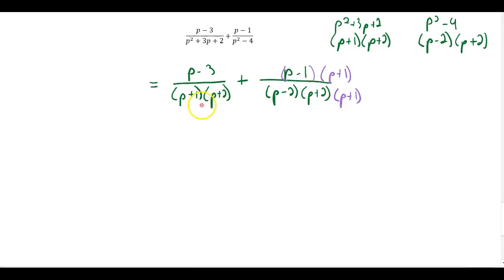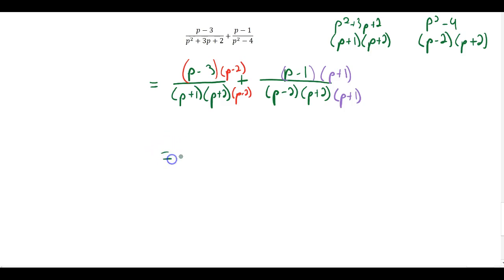Now looking at the first one versus the second one, this one has a p minus 2, so I'm going to have to multiply the first one by p minus 2. You'll notice I'm putting the p minus 3 and the p minus 1 in parentheses. That way I know to multiply that entire thing, which means to multiply it out, FOIL it out, and everything.